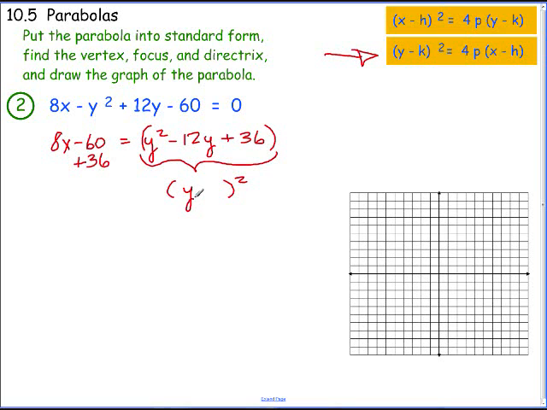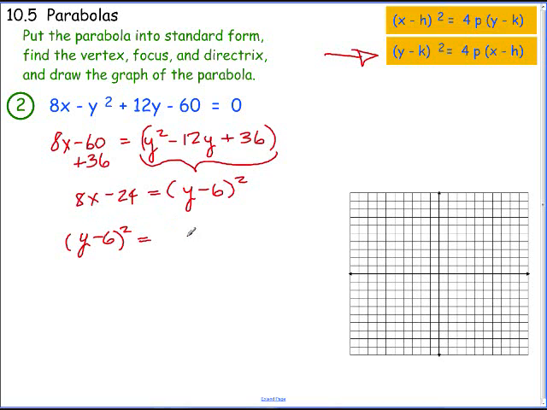So I will have y minus 6 squared. And here I've got 8x minus 24. Let me swap these so I get it looking more like our model.